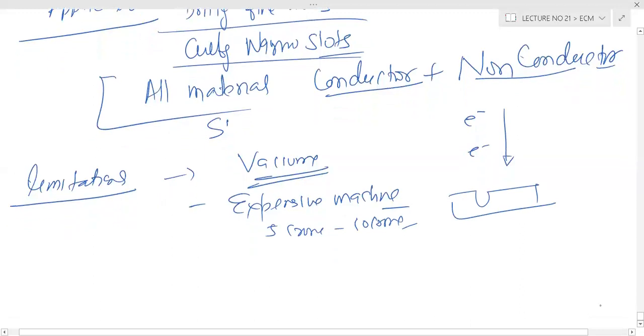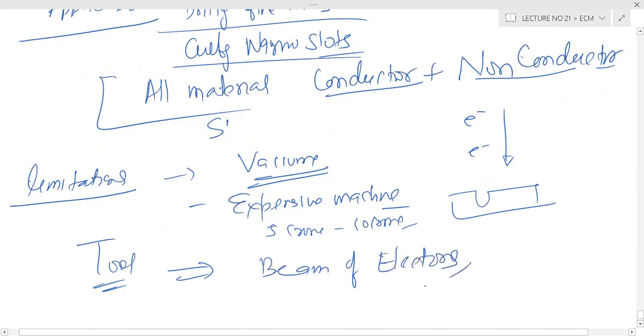Then what is the tool used here? The tool is nothing, it is a beam of electrons. That is our tool. Then high specific energy consumption. Energy consumption is very high.